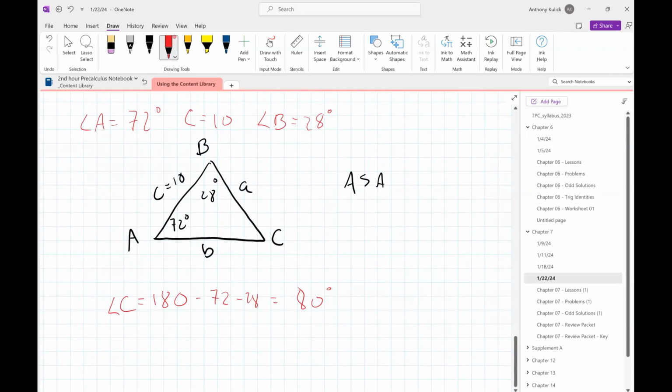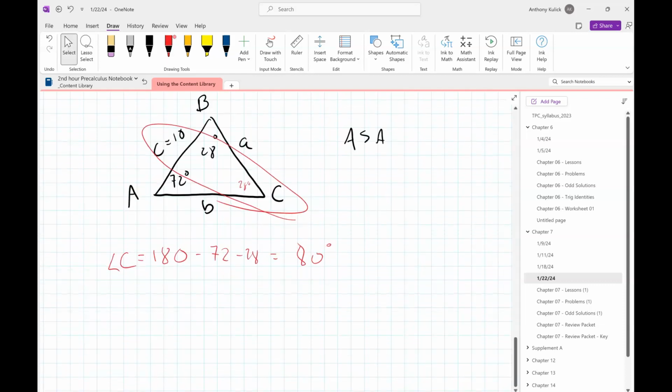All right. Now that I have that, I have a side and an angle that I know both of, right? That's going to allow me to start my law of sines. So I'll do sine of 28 degrees over 10 equals. Now, does it matter which side I solve for next? Nope.